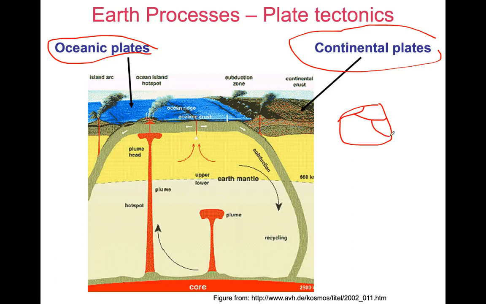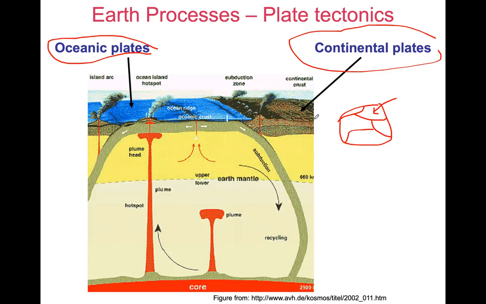It's fragmented like this, making different lithospheric parts. Litho means the rocks, as I mentioned. We call them lithospheric plates because they contain crust as well as a little part of the uppermost mantle. That means the lithosphere.